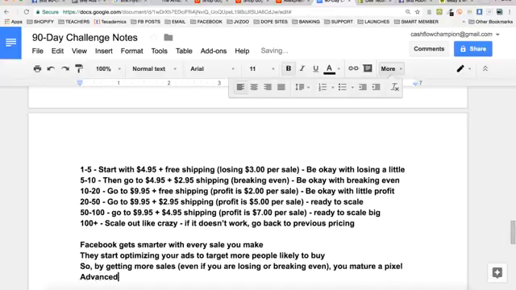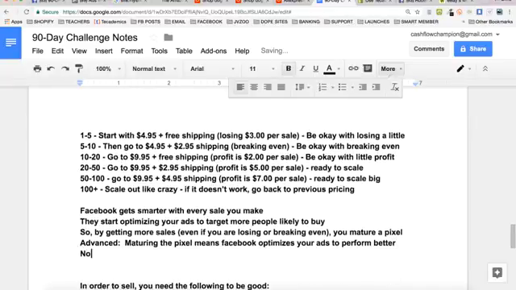That's advanced, okay? Maturing the pixel means Facebook optimizes your ads to perform better. That's all that means. Now, for the same ad spend, you are making more sales because of this strategy.